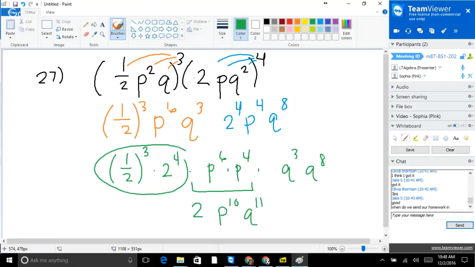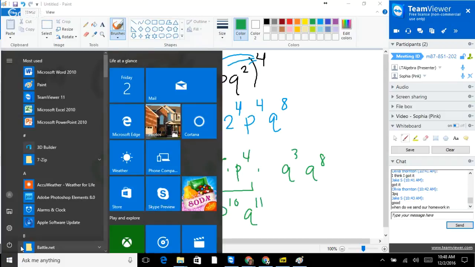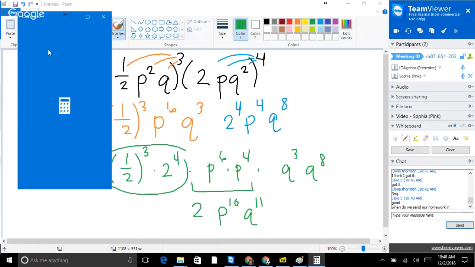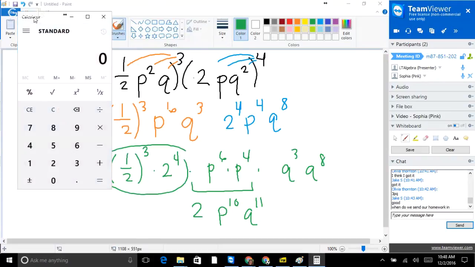If you have a simple calculator, what I would do for this fraction, Sophia, is instead of 1/2, I would do it as 0.5 times 0.5 times 0.5, right?